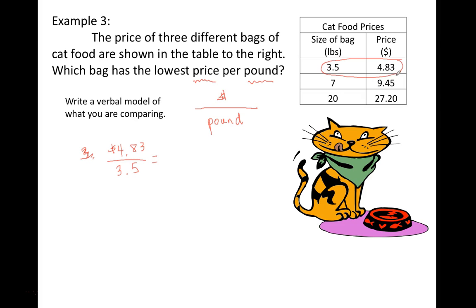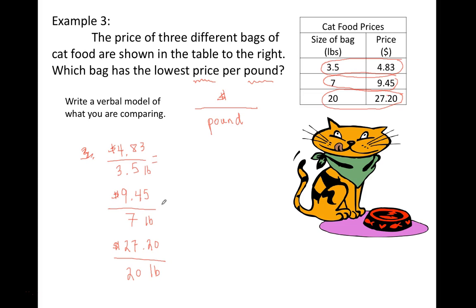The other rate that we'll set up is the cost of $9.45 to 7 pounds. And finally, the last rate we're going to set up is this one. The cost of $27.20 to 20 pounds.